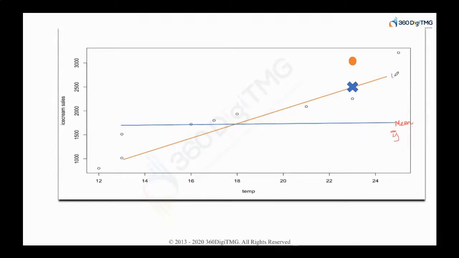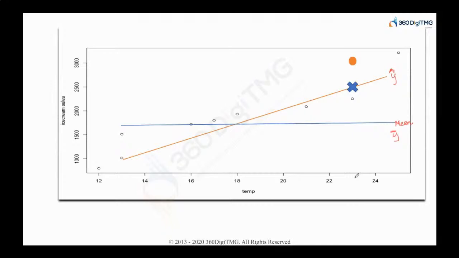This is your y hat, and this mark here is the predicted value. Using the maximum temperature, we are estimating the sales, maybe at around 23 degrees Celsius.